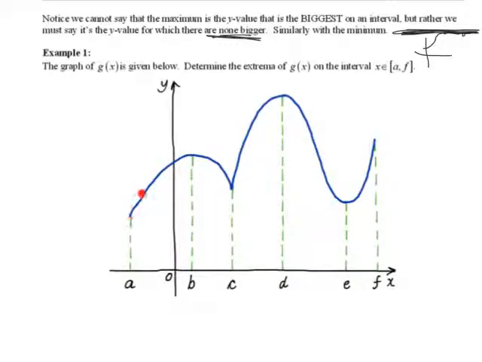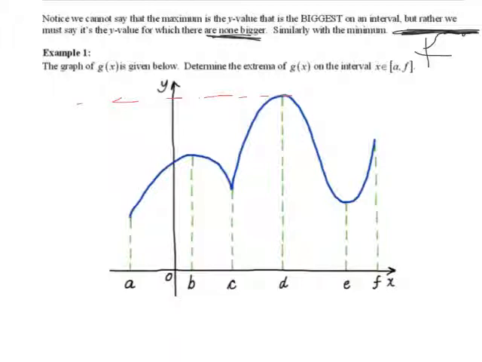Okay, here we have a graph, and looking at this graph we can see that as we trace along the curve, we get to a spot where we reach a high point. There's actually more than one spot where there's a high point, and there's more than one spot where there are low points. So we want to find the absolute highest, and the absolute highest is going to occur at this spot.